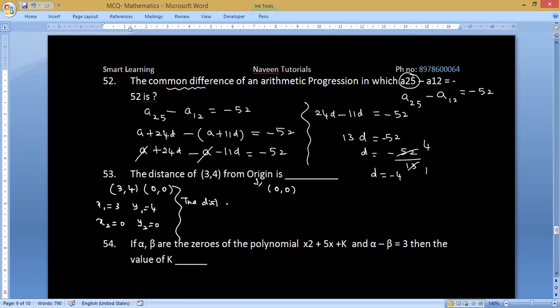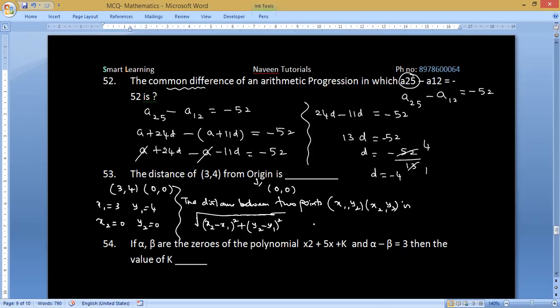The distance between 2 points (x1, y1) and (x2, y2) is root of (x2 minus x1) whole square plus (y2 minus y1) whole square. So this is the formula.